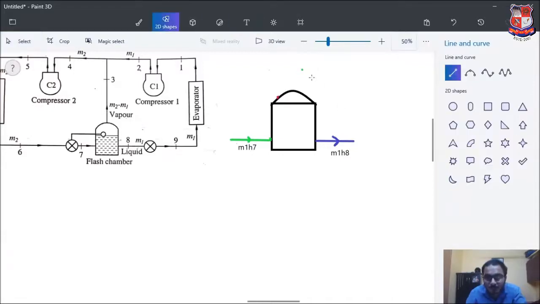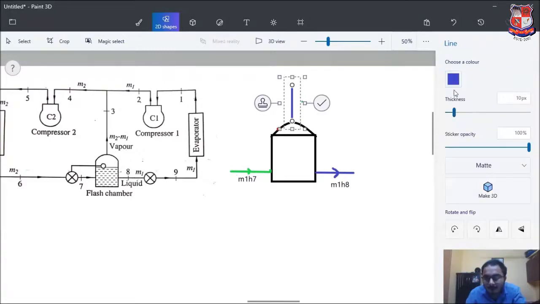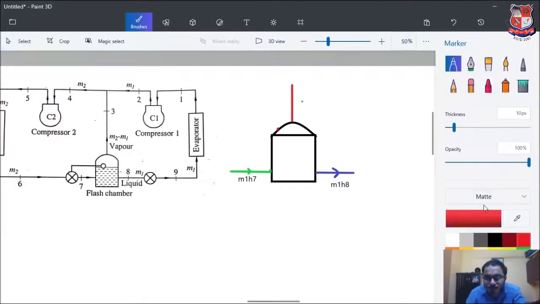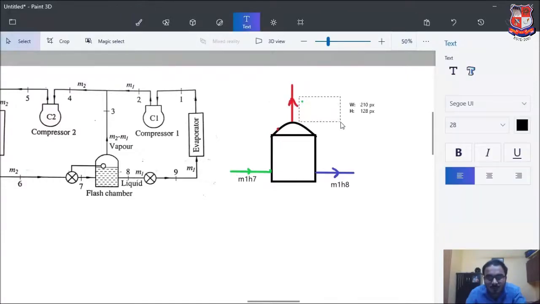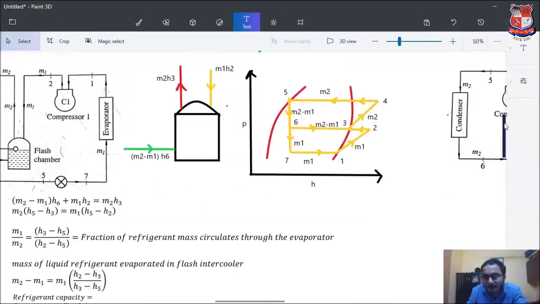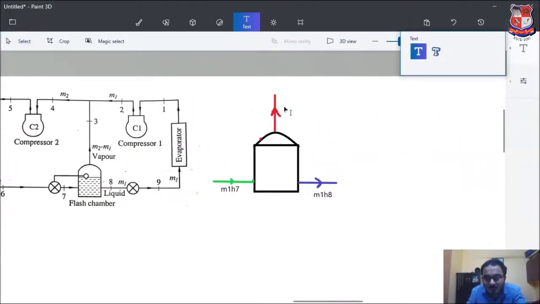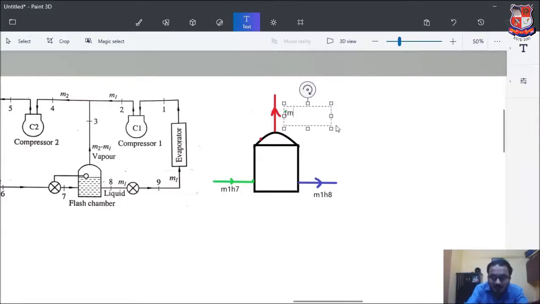So this will be M2 minus M1, and you can see the condition here is point number 3, so it is H3.